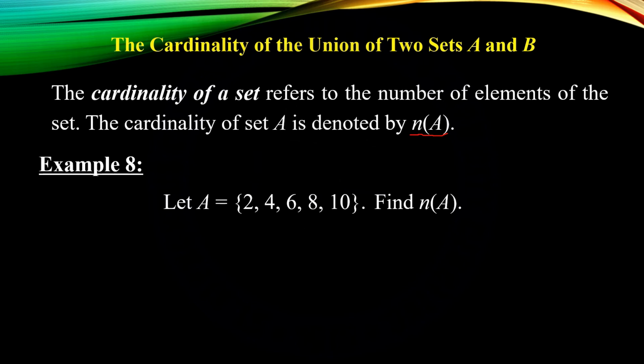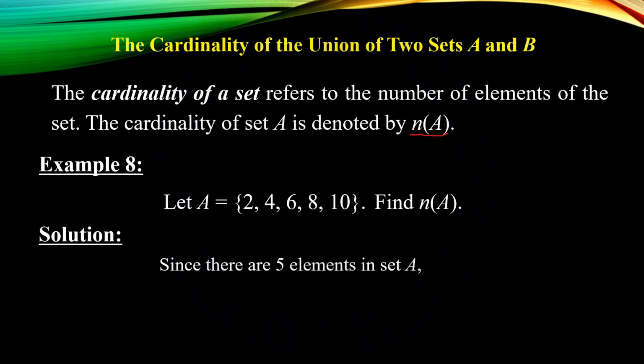Find the cardinality of set A. Solution. Since there are 5 elements in set A, the cardinality of set A is equal to 5.